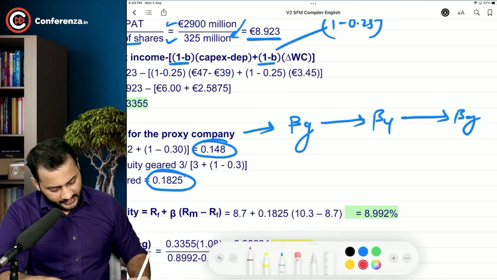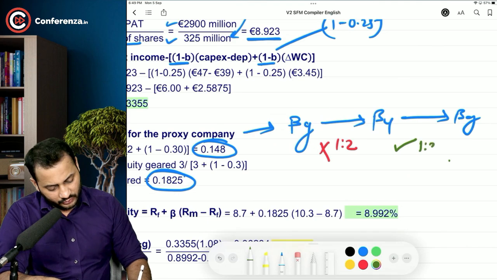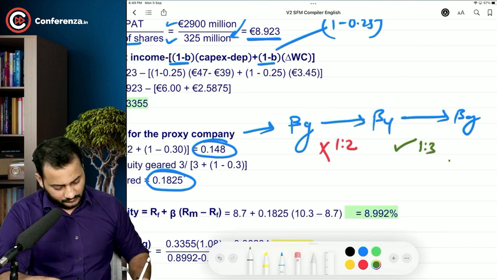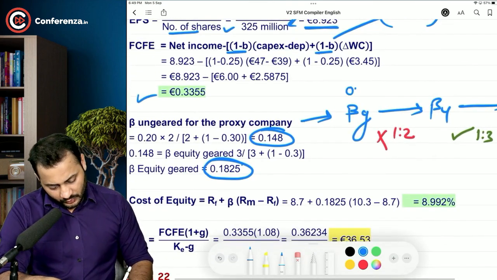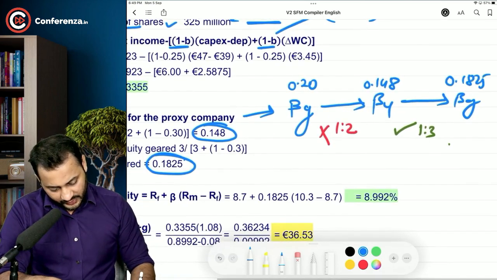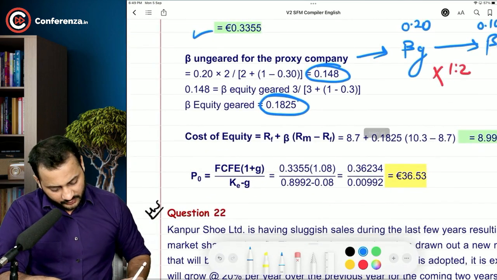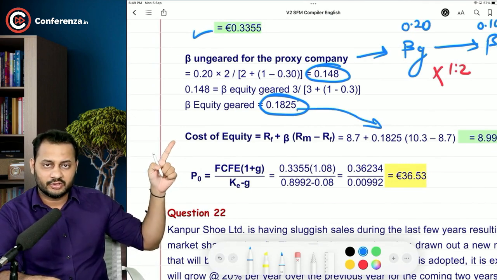So what we did here is we removed the 1:2 ratio, and then we made sure we add the 1:3 ratio. So the figures were like this, from 0.20 to 0.148 and again to 0.1825. So we used this 0.1825 in the CAPM to calculate the cost of equity.